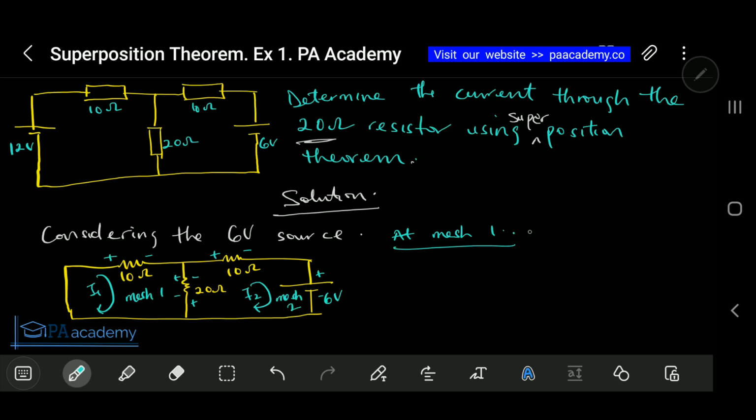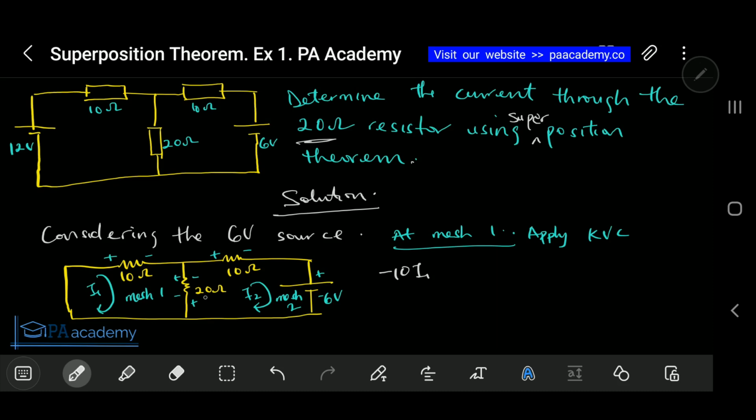If at mesh 1 we apply KVL, going in this direction here, we'll be having minus 10 I1. If you don't understand what I'm trying to do now, I would encourage you to watch the video on mesh analysis that I did previously also. So that will be minus 10 I1.